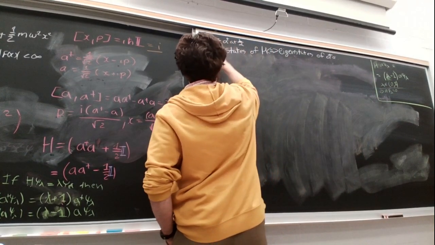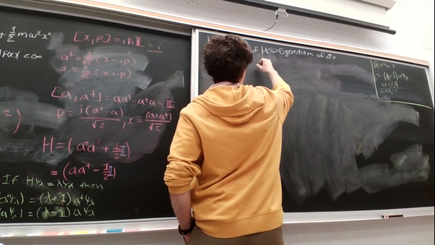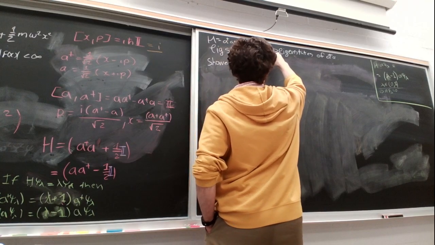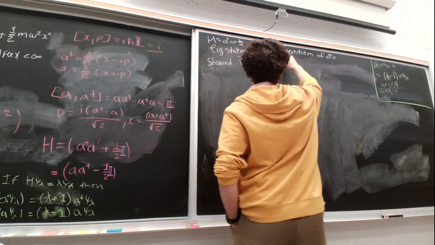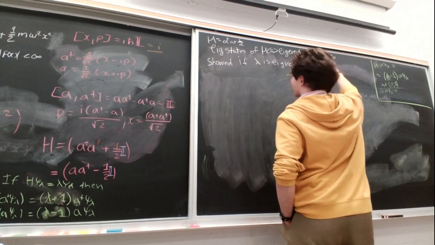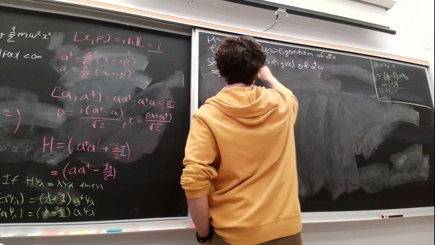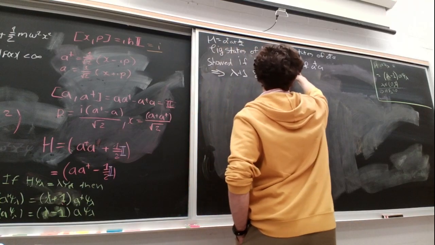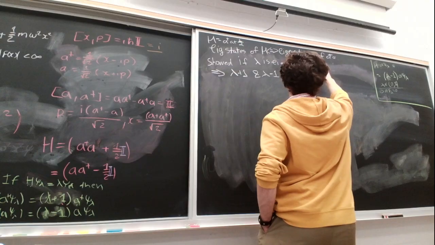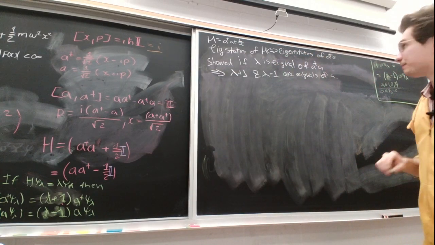Then we showed that if lambda is an eigenvalue of A dagger A, then lambda plus 1 and lambda minus 1 are eigenvalues of A dagger A. Do you agree?